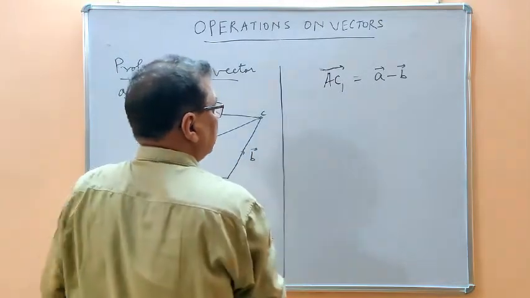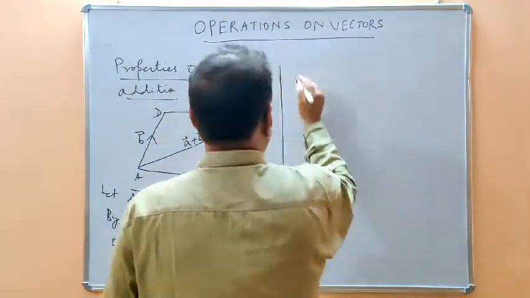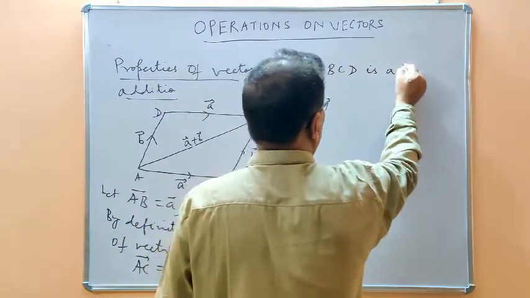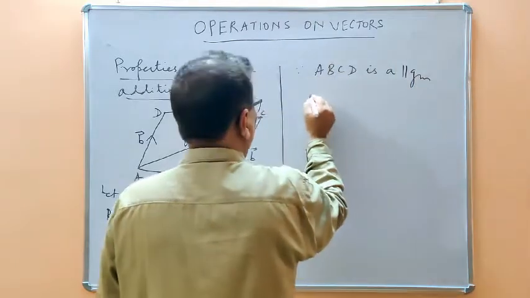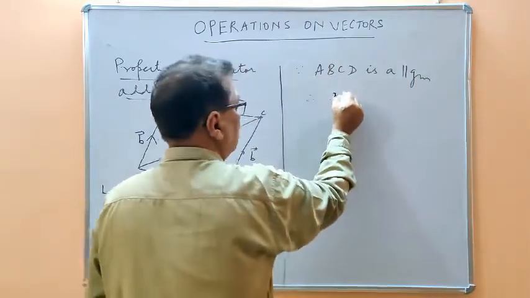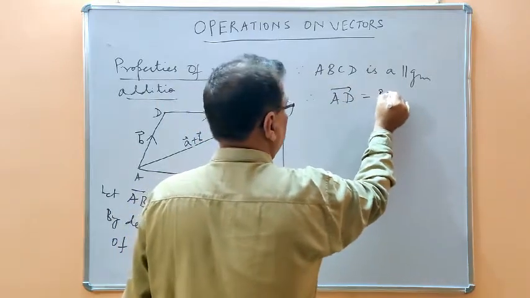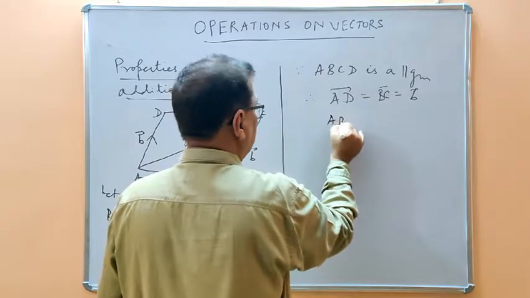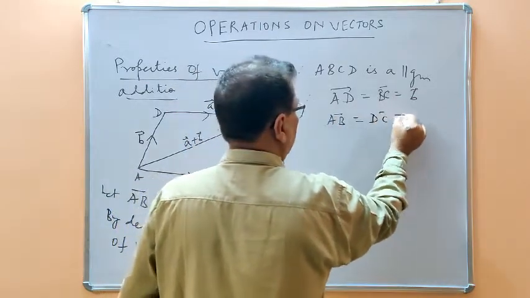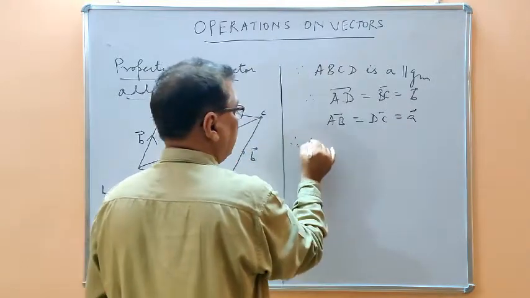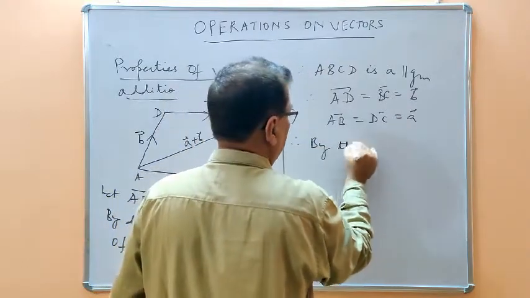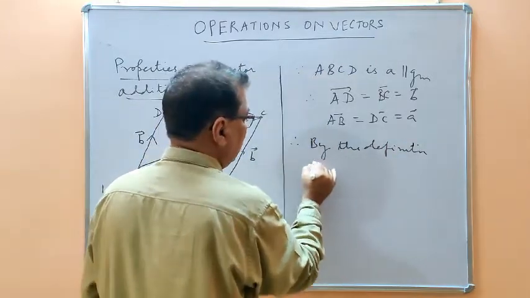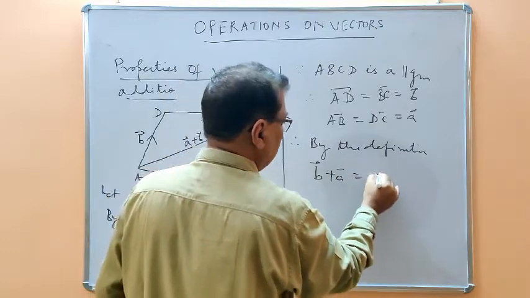So again, since ABCD is a parallelogram, therefore AD and BC both are B, and AB is equal to DC, both are A. So again, by the same definition, we get B plus A also as AC.